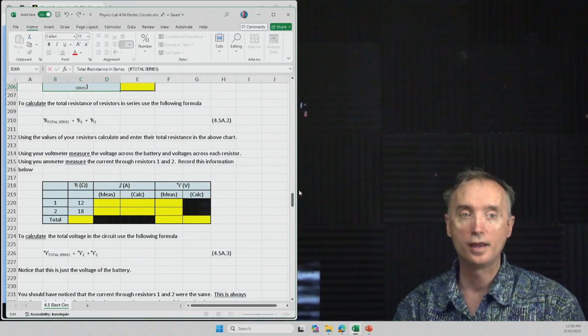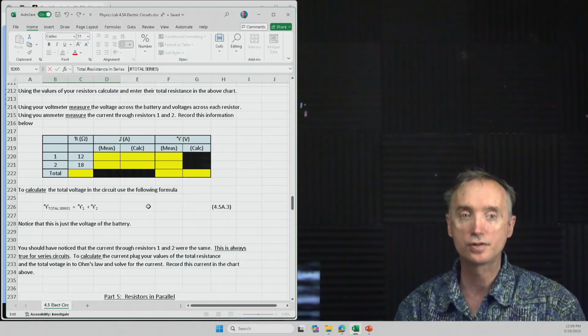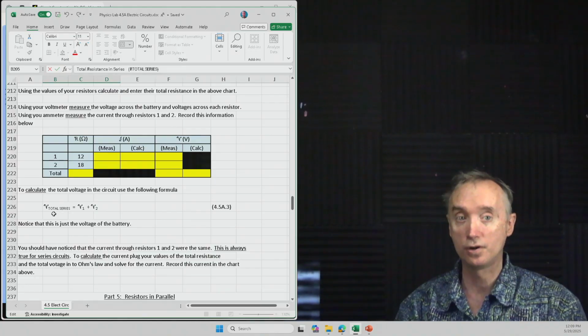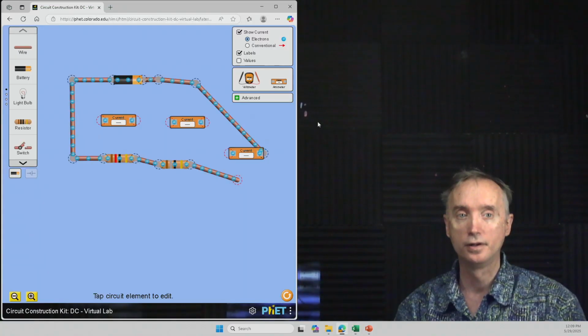Okay. And now we're going to go down to where it says to calculate the total voltage in the circuit, use the following formula: voltage 1 plus voltage 2 is equal to the total voltage. And where is that voltage coming from? If we go back to here, the voltage is coming out of the battery.